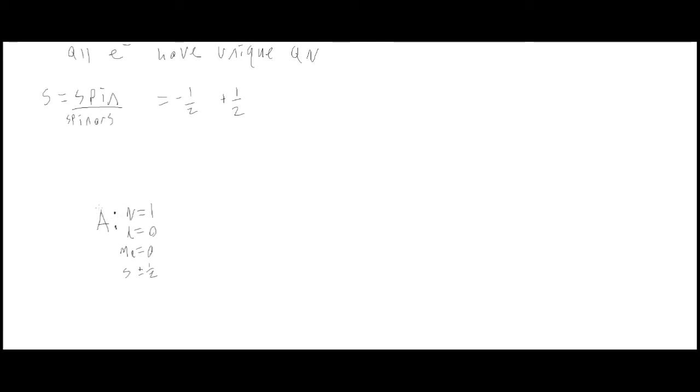So if we want to add another shell, I'll just do that over here. Well, I won't show the lower shell on it. So for this, we can add these, which would be n equals 2, and then L equals 0, ML equals 0, spin plus or minus 1/2. So we have these in our next shell up.